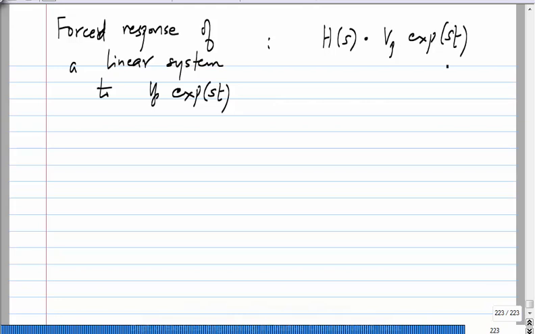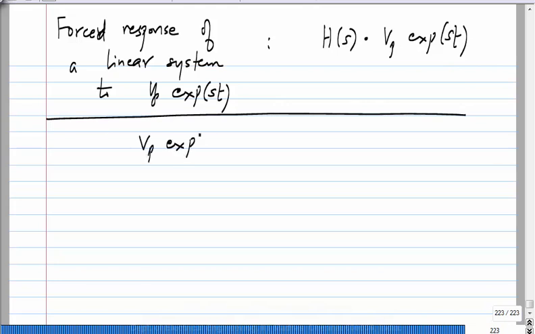This we know. So the force response of a linear system to Vp exponential j omega t is h of j omega, that is the transfer function evaluated on the imaginary axis, times Vp exponential j omega t. I think I have done these things already with the Laplace transform.